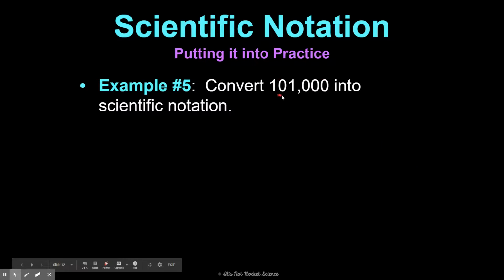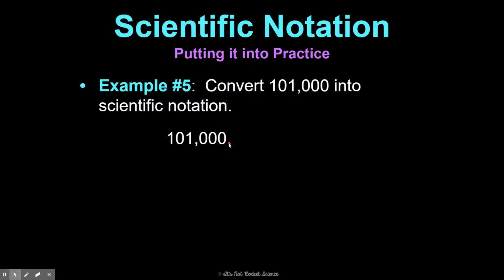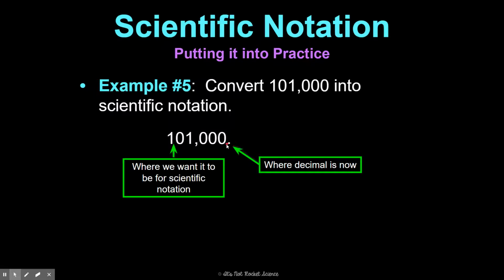So we're going to convert 101,000 into scientific notation. So I have my decimal there at the end, and I need to move it so there's only one number in front of it for scientific notation. So that's 1, 2, 3, 4, 5 places.